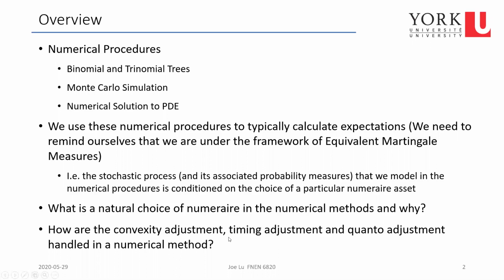But there may be certain situations where we still need to do explicit adjustments. So I'm going to show an example to illustrate in which situation you would need to do adjustments and in which situation you would not need to do adjustments inside of a numerical procedure.